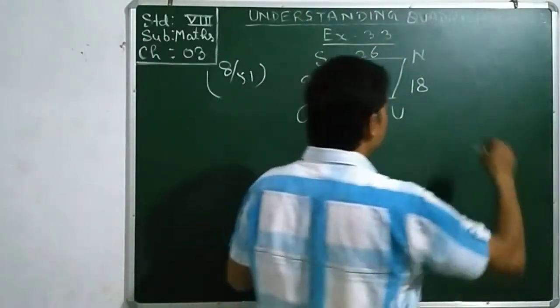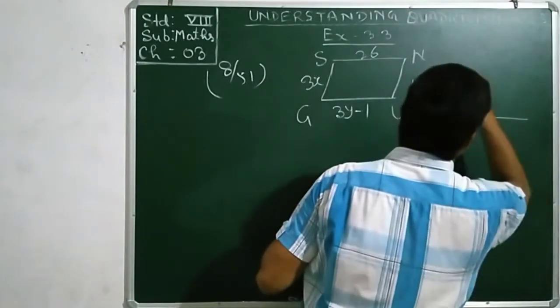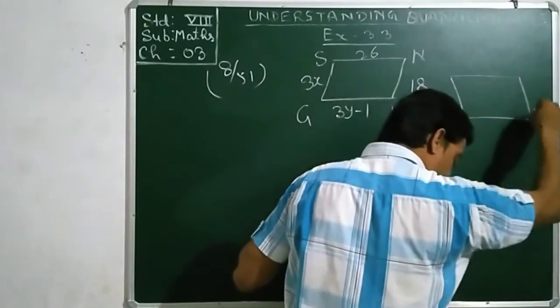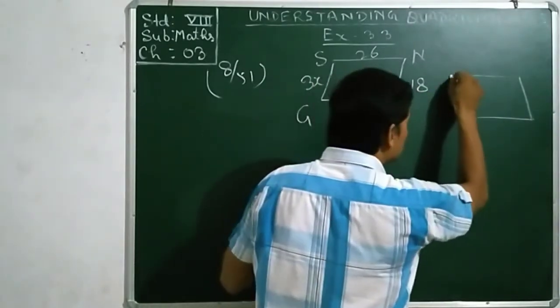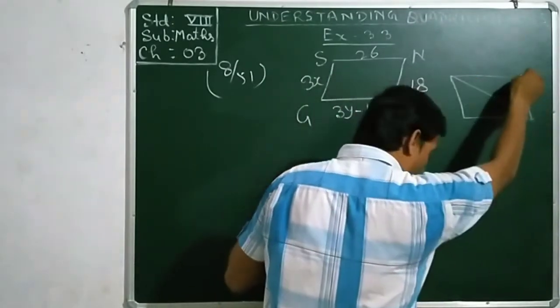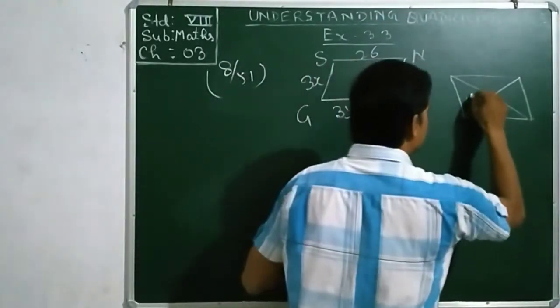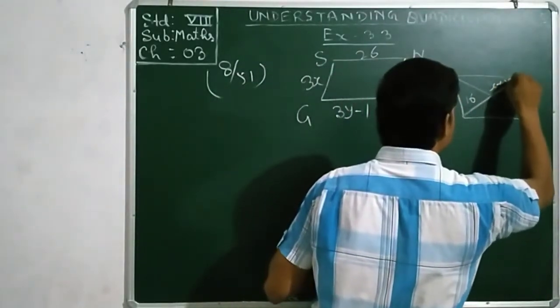And another figure that is RUNS. There also we get two diagonals are drawn. One side is 16, another side is x plus y.